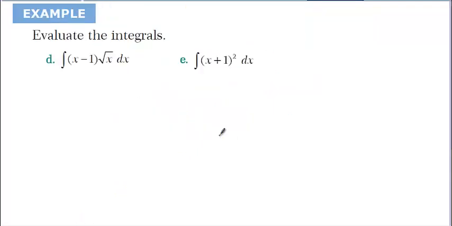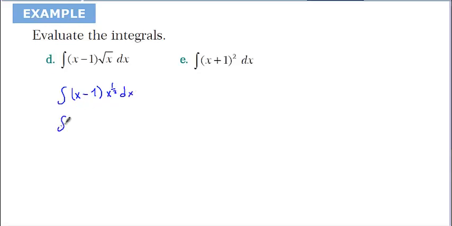Okay. Here, if you want to get the integral of these expressions, firstly we have to multiply, then we have to find the terms one by one, then we will get the integral. So it's going to be equal to the integral of (x minus 1) times x to the power of 1 over 2 dx.